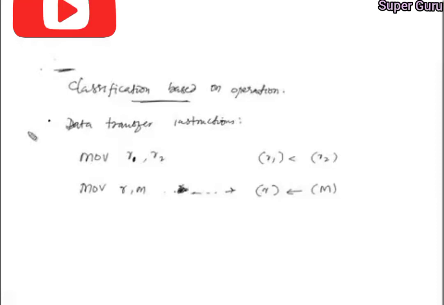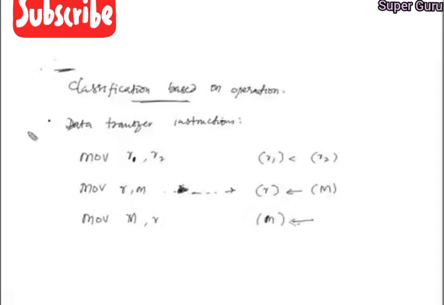Then next instruction, MOV M, R. What the register is having will be moved to memory. So this is register to memory.